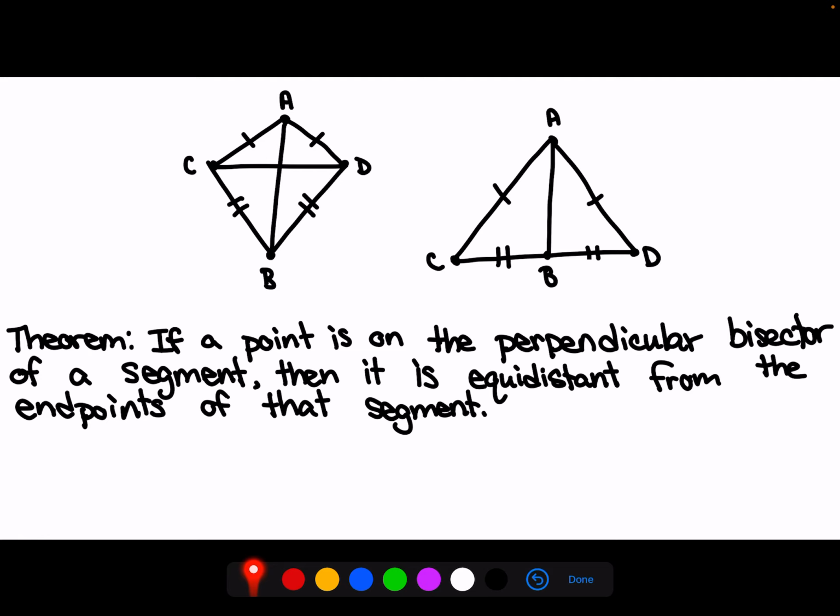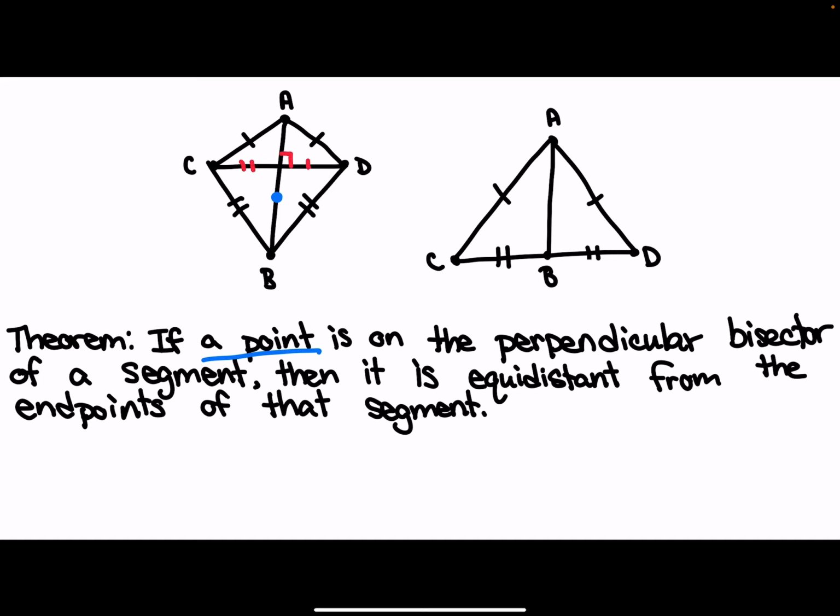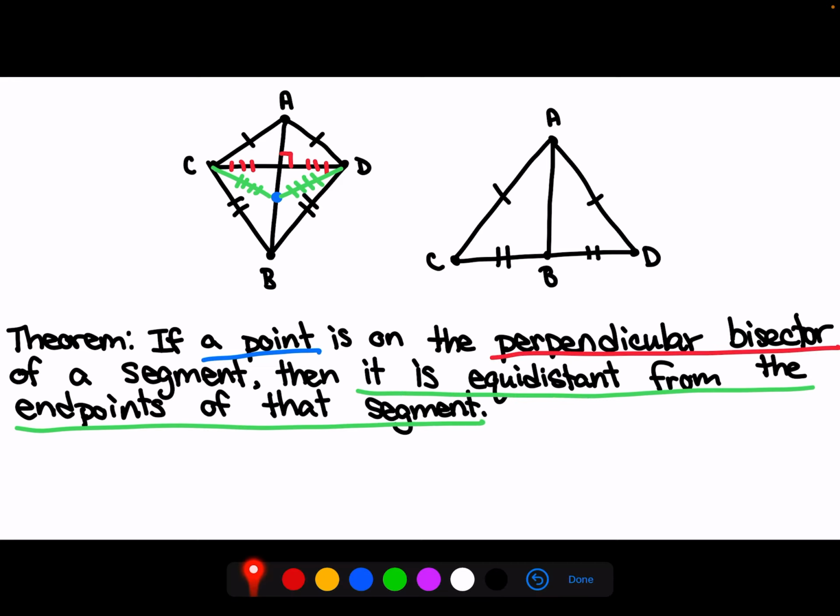If that's the case, if I have a point that's on the perpendicular bisector, then it is equidistant from the endpoints of that segment, meaning it will be the same distance to both endpoints that are being bisected. So if I draw another point on this other triangle over here, so I just draw any point, that point is lying on the perpendicular bisector. So what that tells us is that it will be the same distance from C as it is to D. So that's all this theorem states.